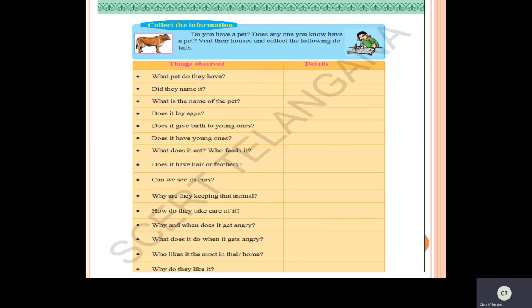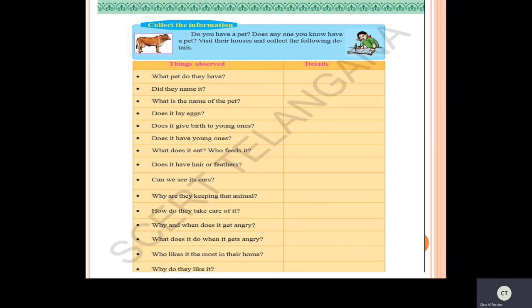Everyone likes their pet animal. So who loves the dog most? You have to know. Why do they like it? Because they are very honest, children. Dogs are really honest. That is why we are growing them in our home, right?